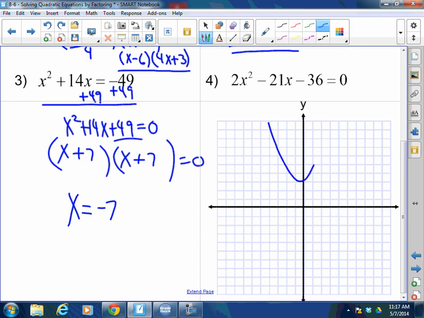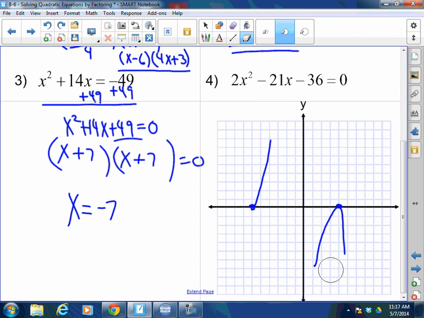They can have no solution, never hits the x-axis, or it can have one solution. In this particular case, how many solutions does it have? One. So let's graph it so you can see what it looks like.